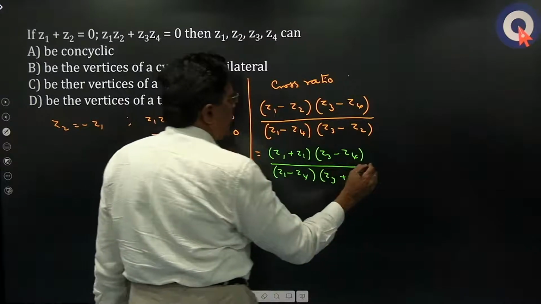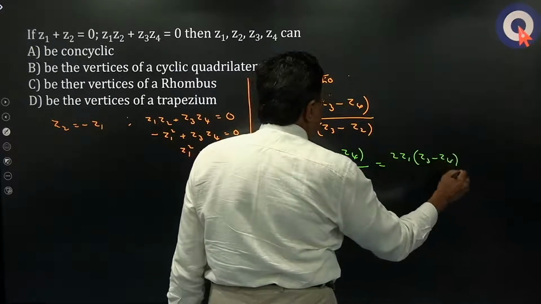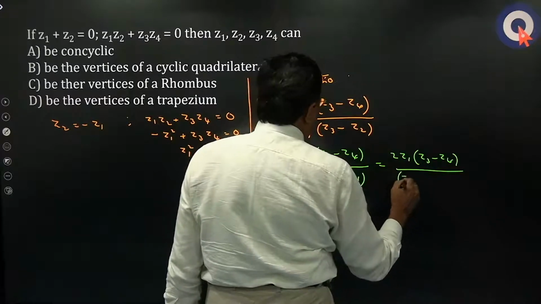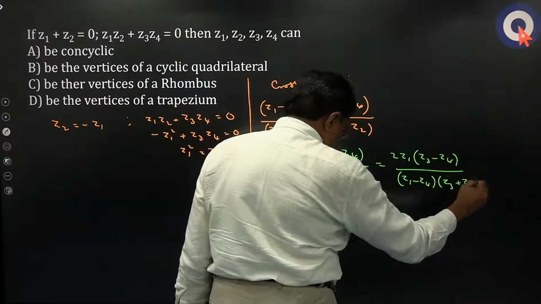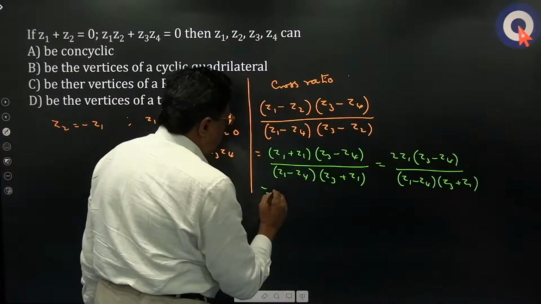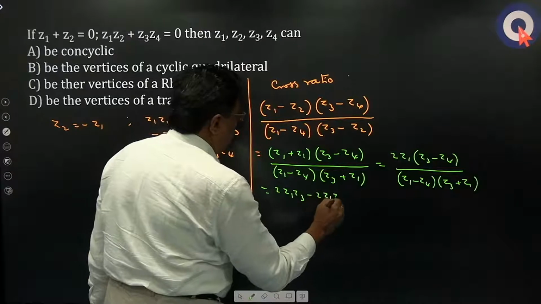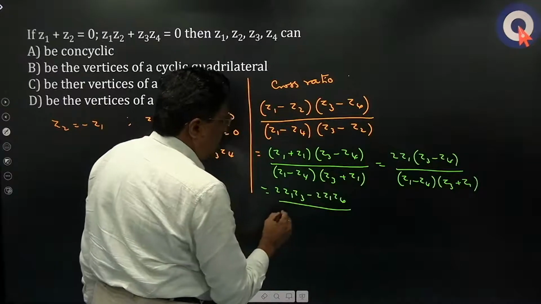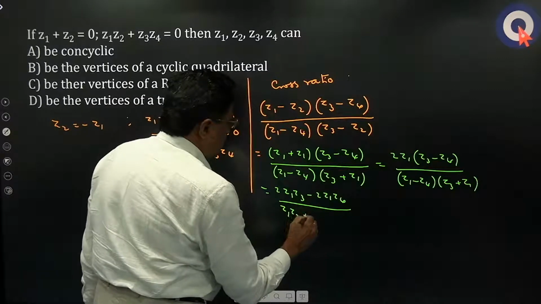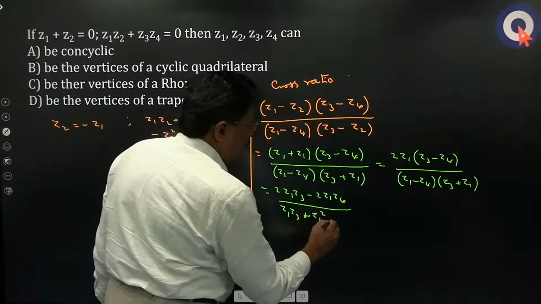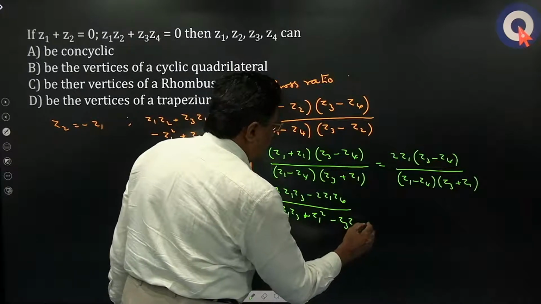So this I will write as 2 z1 into z3 minus z4 by z1 minus z4 into z3 plus z1. So this is 2 z1 z3 minus 2 z1 z4 by z1 z3 plus z1 square minus z3 z4 minus z1 z4.